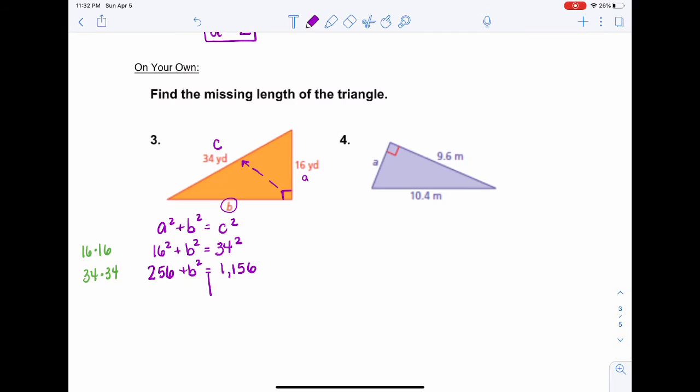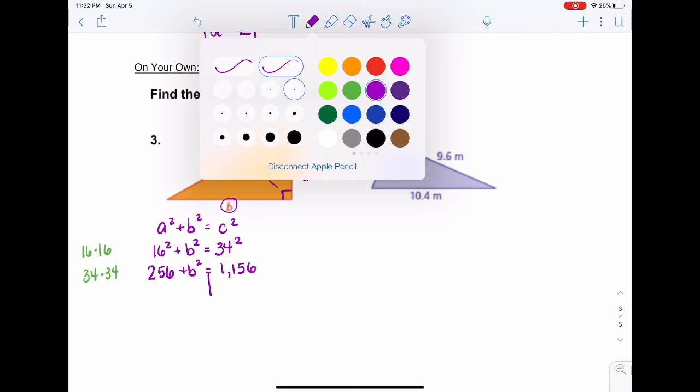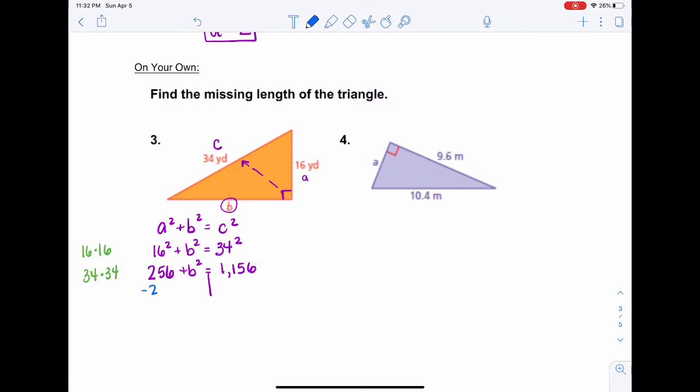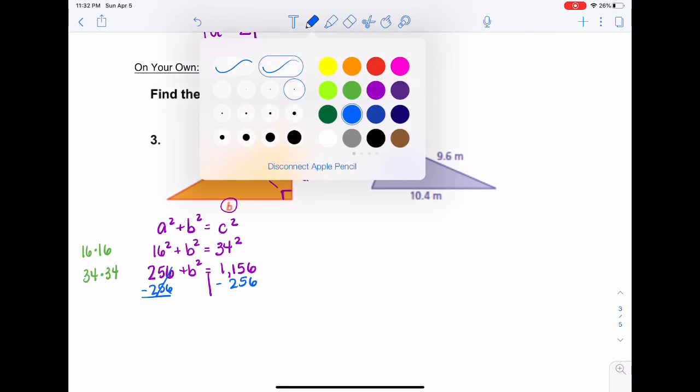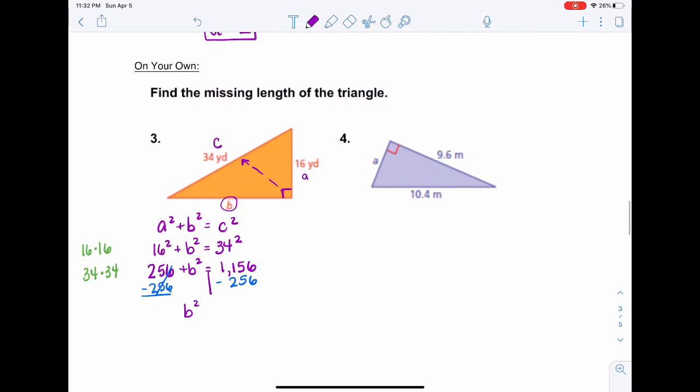De nuevo, ahora yo voy a querer restar. Okay? So I'm left with B all by itself once I subtract. This cancels. So I have B squared equals 900.